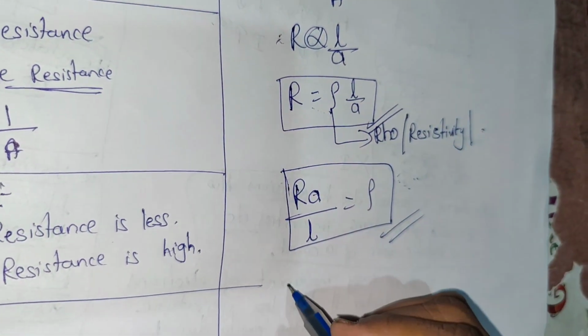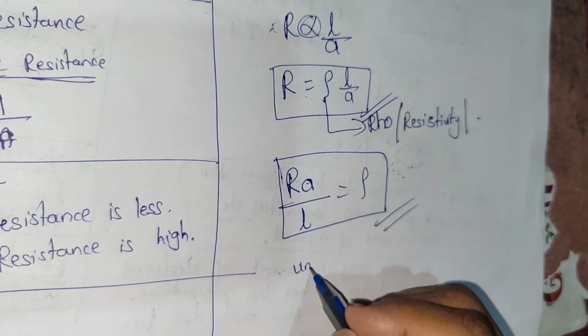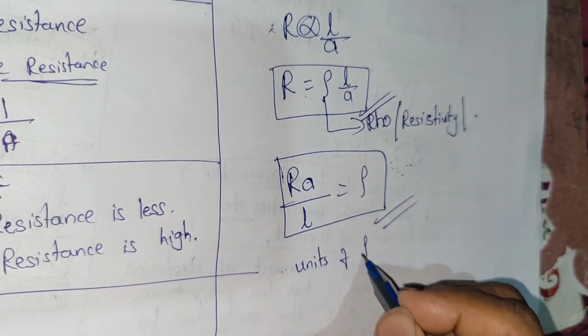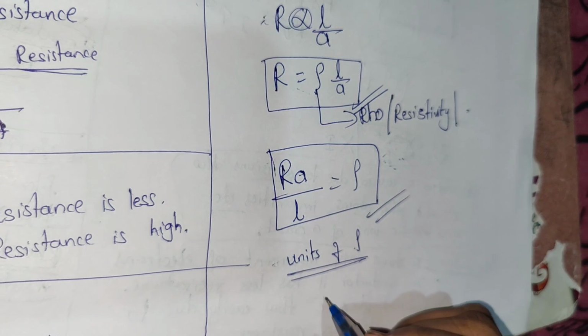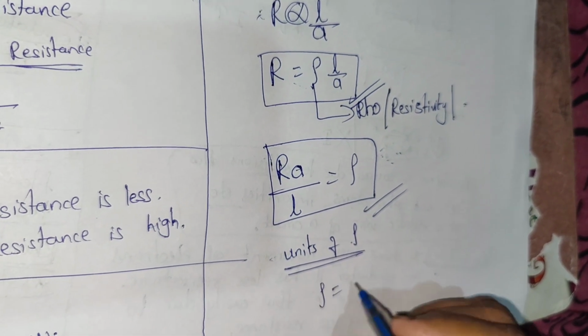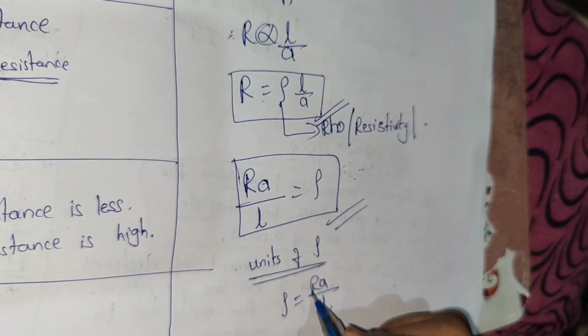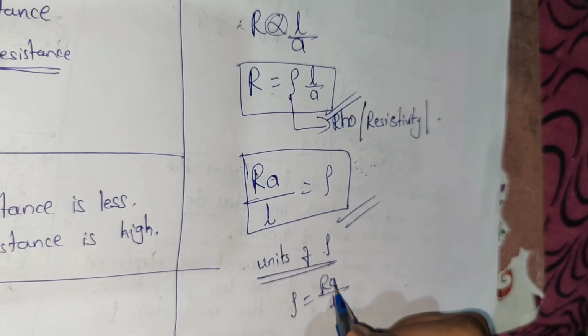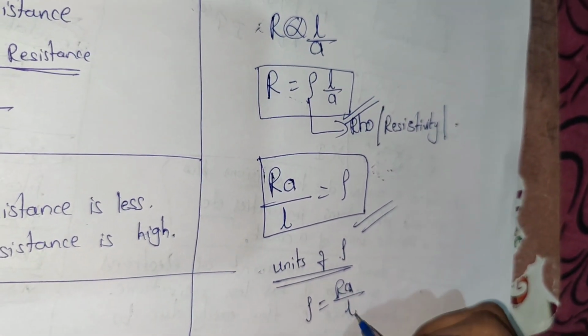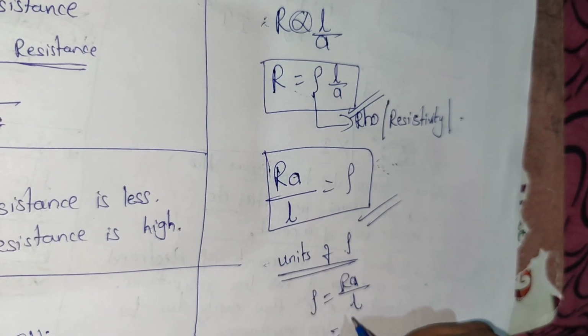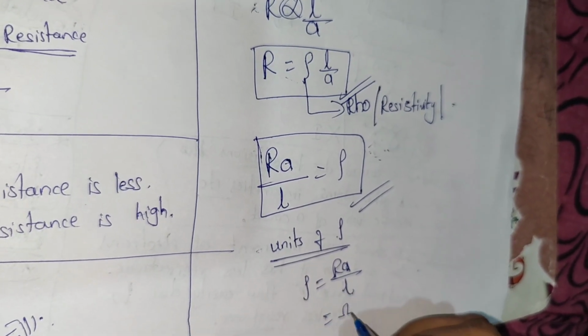So let us find the unit of rho. SI unit of rho is equal to R A by L. R is resistance, A is area of cross section, L is length of the wire. R, resistance, is ohm.